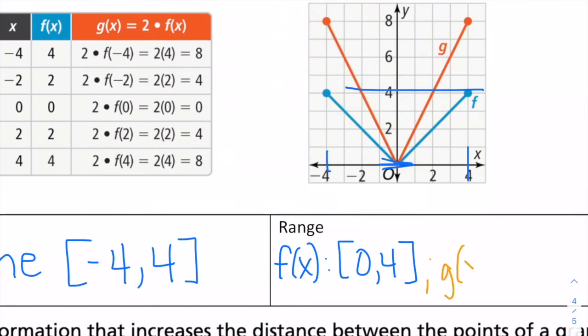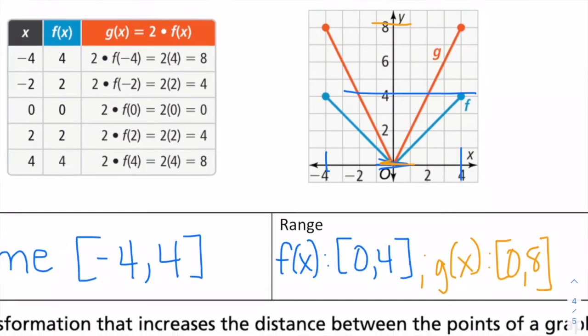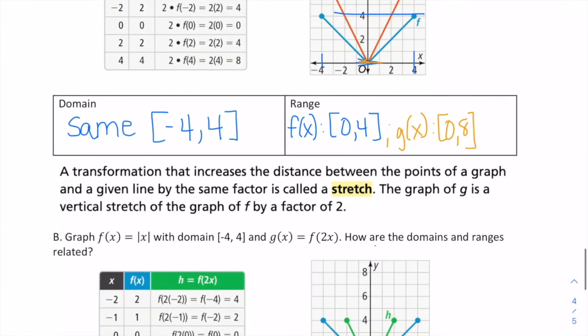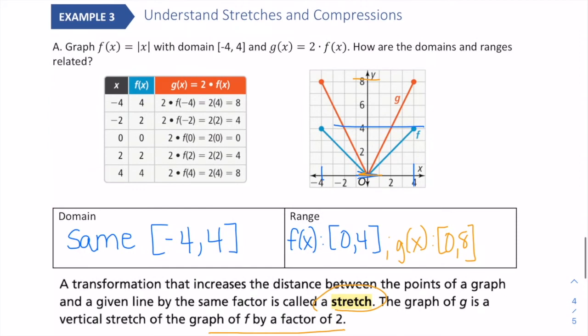So g of x went from 0 to 8. So this is what we call a vertical stretch. A transformation that has the same shape, but is multiplied by the same factor, is called a stretch. And here you can see it's multiplied by a factor of 2 because g of x was 2 times f of x.